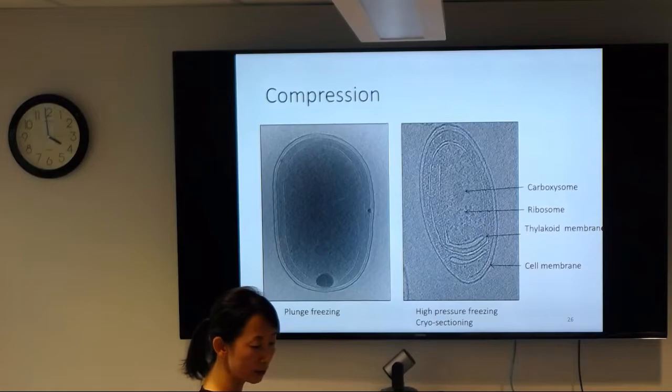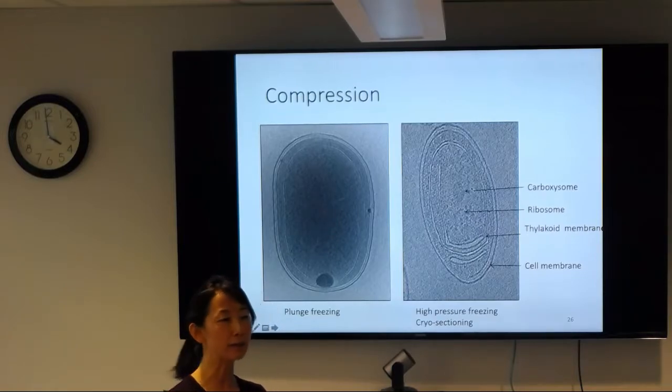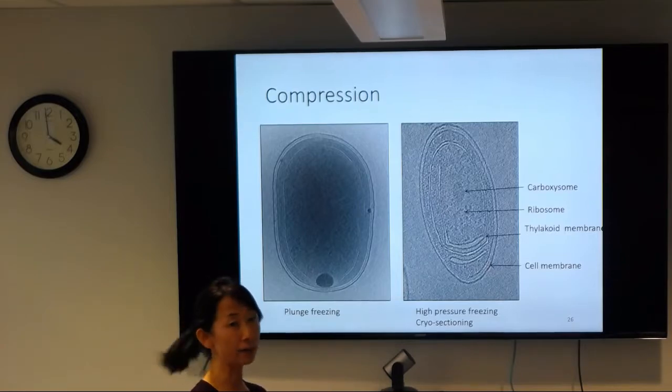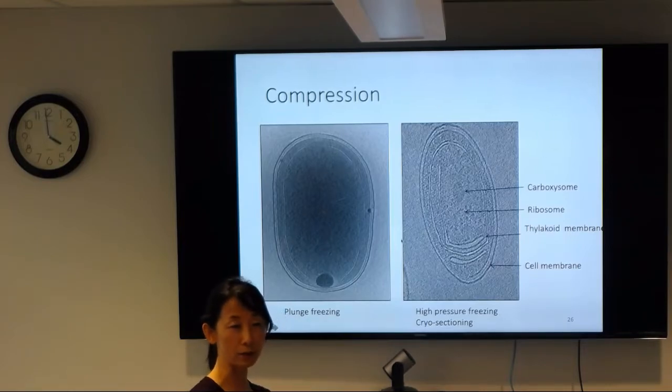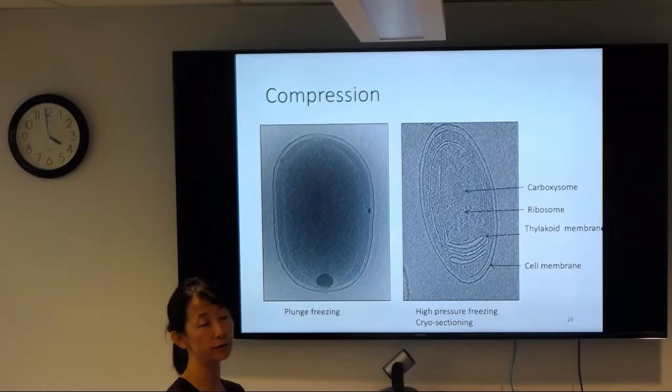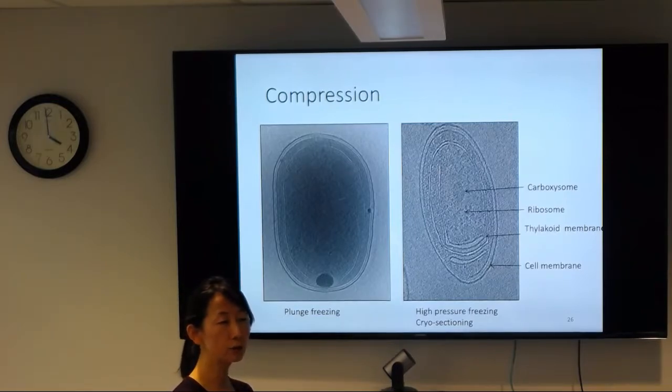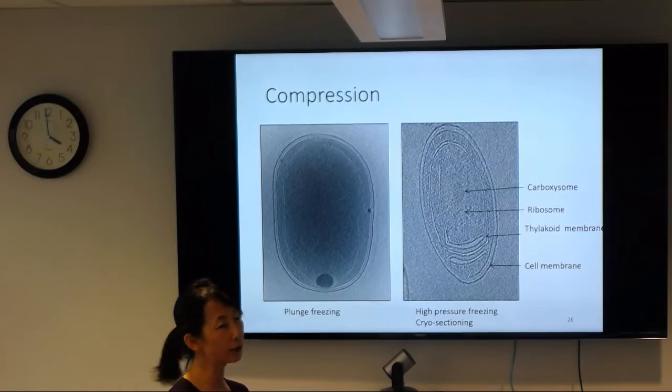And also this one, I'm pointing to it, it's a carboxysome. Carboxysome should look like a phage, icosahedral phage, but it's definitely not. It seems like compressed a lot through the knife sectioning direction. This is the known artifact, compression in sectioning. But still, don't get me wrong, this is still a very useful technique.